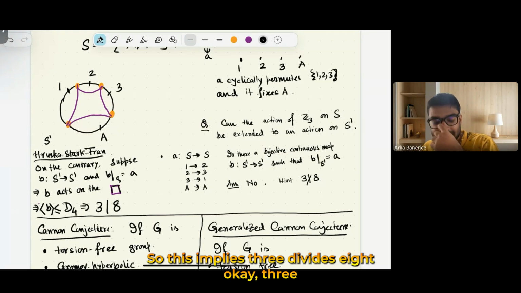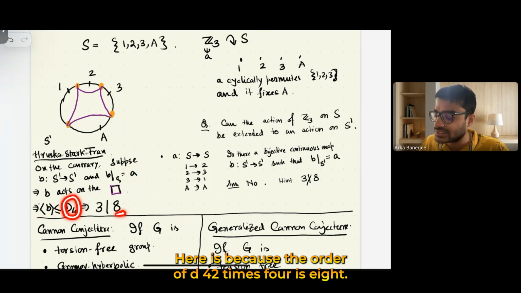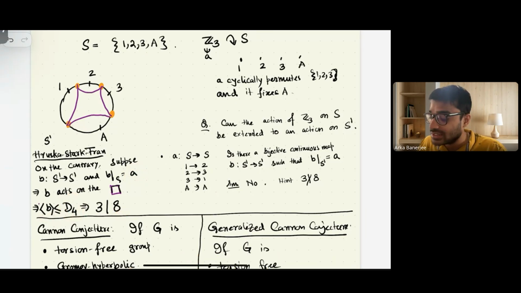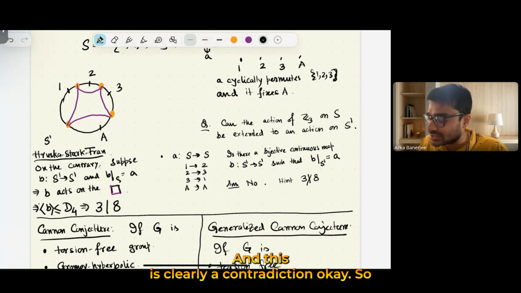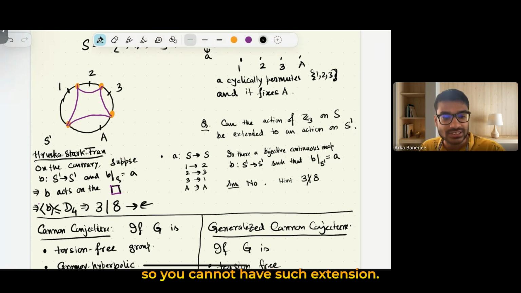This is by a non-trivial theorem, not exactly Sylow's theorem, but Lagrange's. So this implies 3 divides 8. 3 is because the order of B has to be 3 because the order of A is 3, and 8 is because the order of D4 is 2 times 4, which is 8. And this is clearly a contradiction. So you cannot have such an extension.